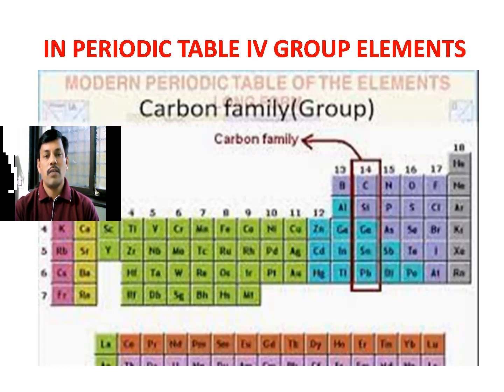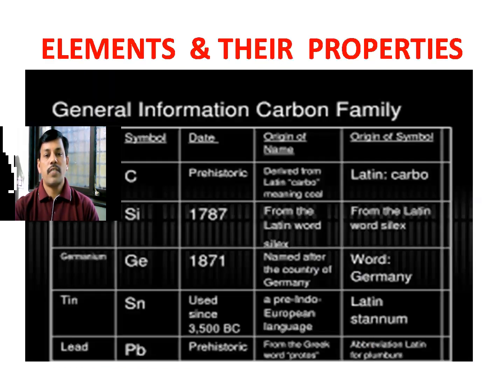In p block elements, totally we have third A, fourth A, fifth A, sixth A, seventh A and zero group. Totally 6 groups are present in the p block, and the p block is located at the right hand side of the periodic table.